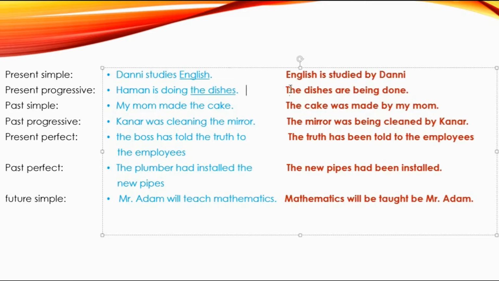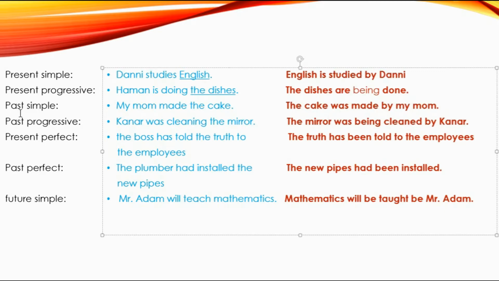As you can see, I reverse it to a subject in my passive voice. So the dishes are being done. This being, as I told you before, always stays there, okay? It should always be there, alright? So the dishes are being done, and the verb is do. So I change the verb do to past participle form. Here I change the verb study to the past participle form.